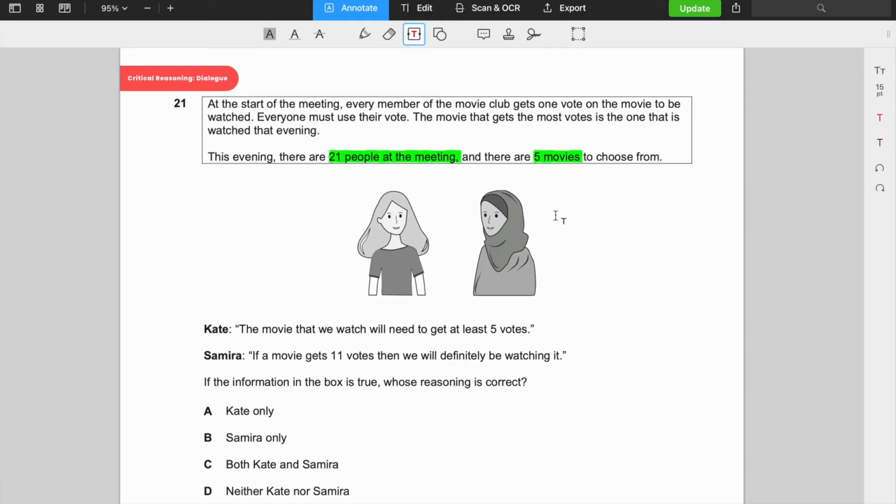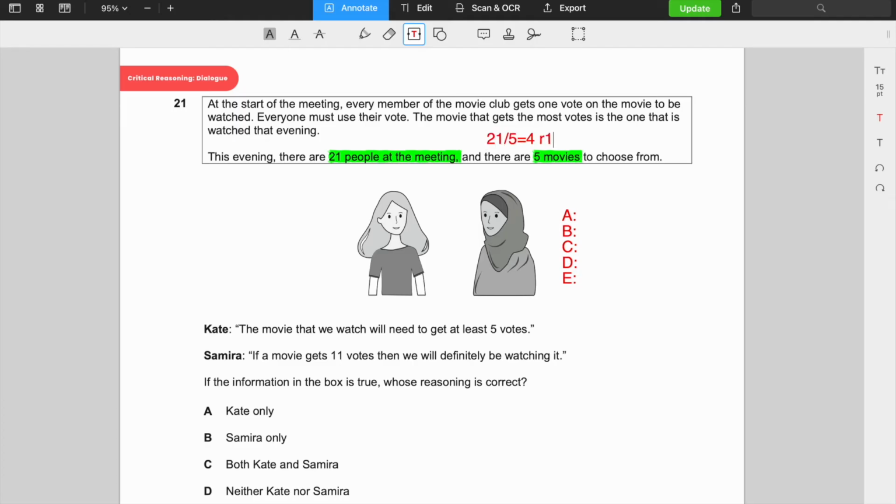Okay, so how about we just say the movies are called A, B, C, D, E to represent the 5 movies, and there's 21 people, so there's 21 possible votes. Now let's just assume the most extreme scenario, which is that all the movies are pretty much similar in terms of their popularity, and therefore there's an equal or relatively equal distribution between the votes. So what's 21 divided by 5? That's 4 remainder 1.